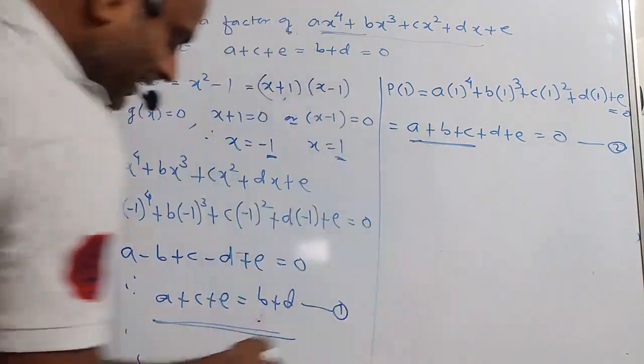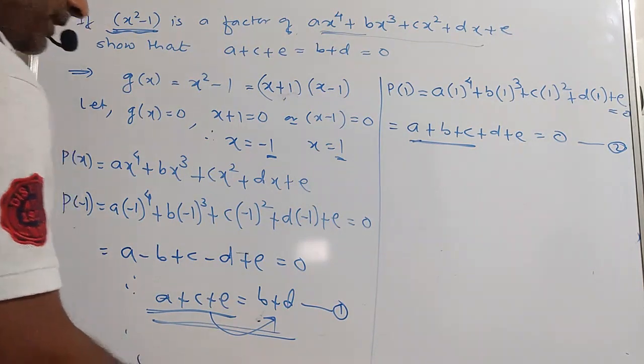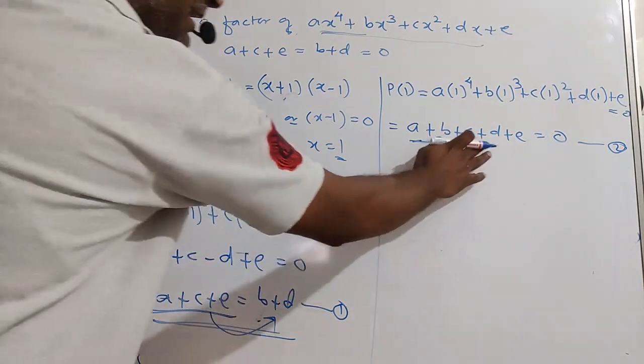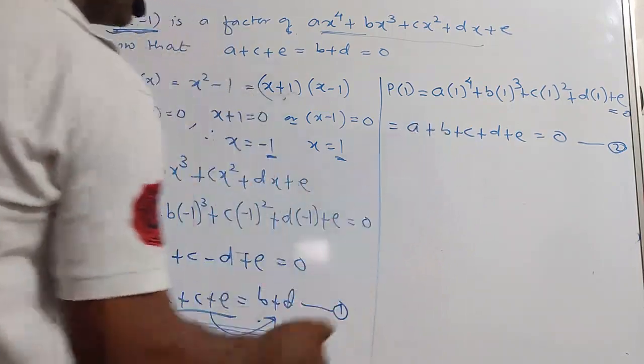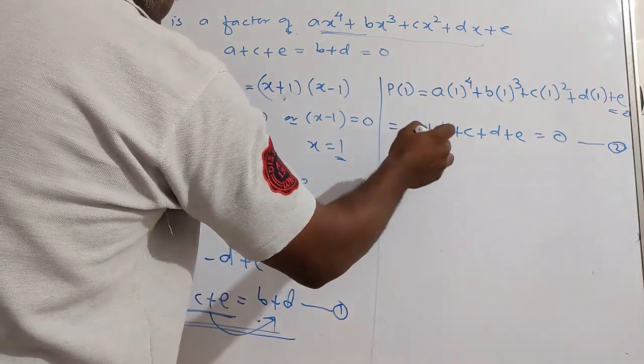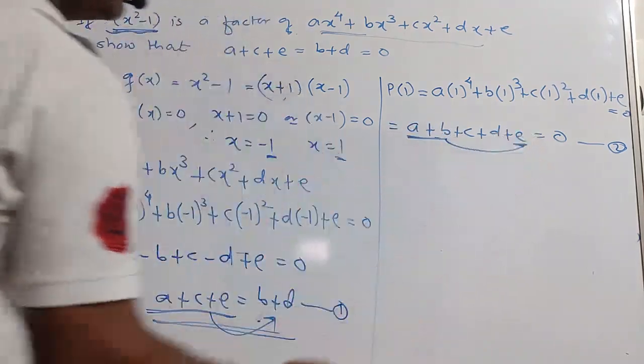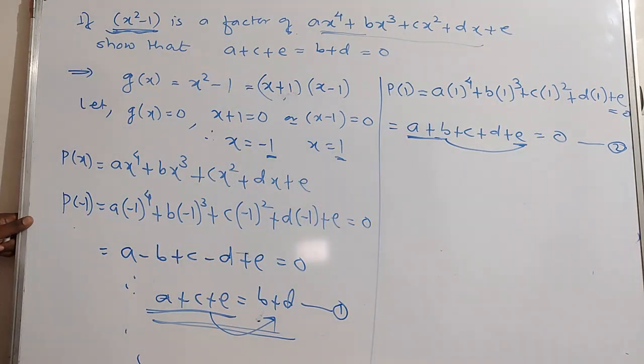Now I have the value of a plus c plus e, and that value is b plus d. So in place of a plus c plus e, I will substitute b plus d.